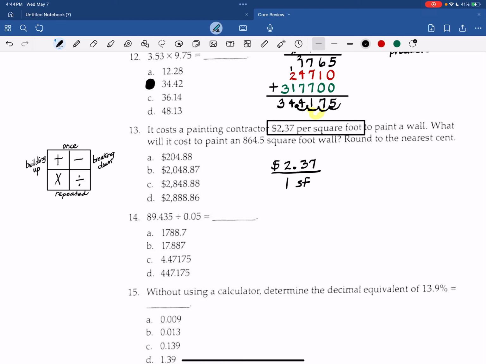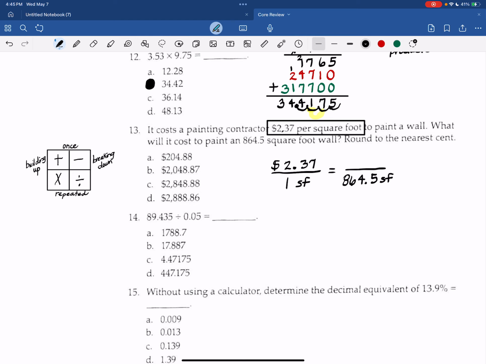And that's going to help me. Because when I bring in my other number, remember I'm organizing, I have 864.5 square feet. And that goes on the square feet row. These have to be like units. And so I'm ready to solve this thing.